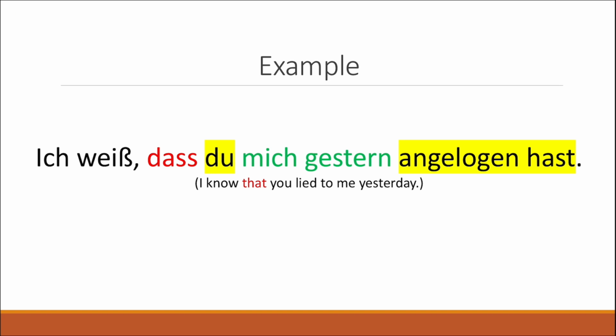So in this case, you have mich gestern. And then right at the end of the subordinate sentence, you're going to place the verb. In this case, the verb is du hast angelogen, but because we have a subordinate sentence, the position of the auxiliary verb hast and the main verb angelogen is going to change. So it's going to result in dass du mich gestern angelogen hast. So this is very important to know and very important to remember.